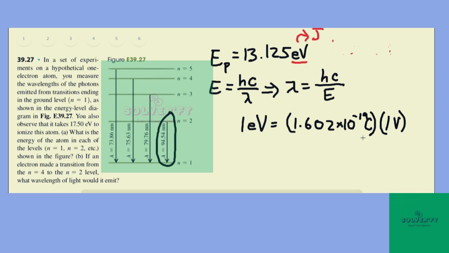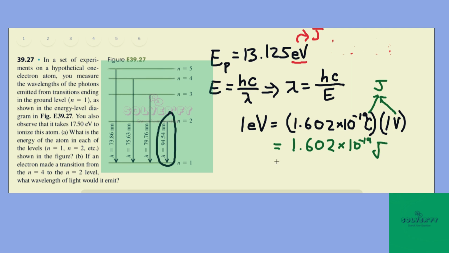And we notice that the combination of the units coulomb, which is electric charge, and volts, which is electric potential, gives us joules. So we have 1.602 times 10 to the negative 19 joules.